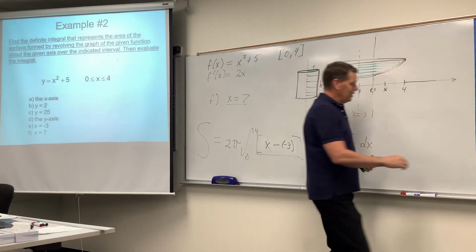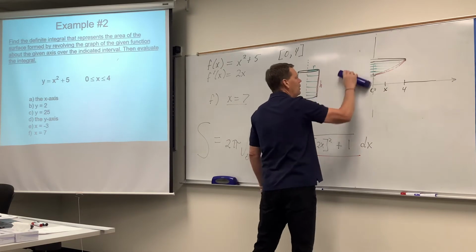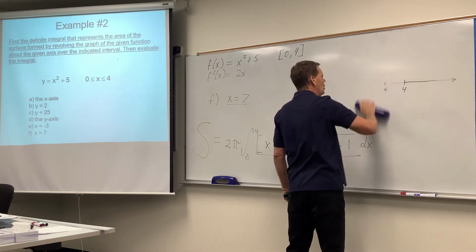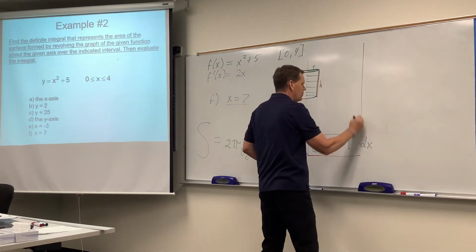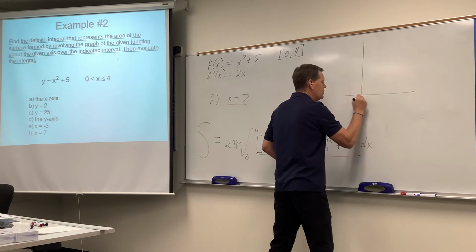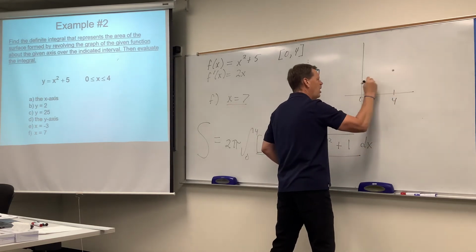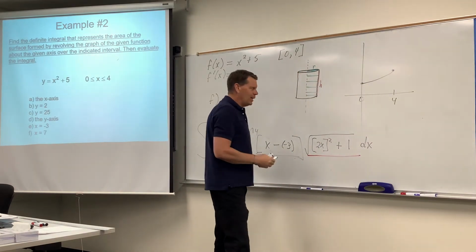I'm going to redraw this because this gets a little bit messy if I'm not careful. So we go back to our original curve and our original interval from 0 to 4. 0 to 4 ordered pairs. Really, the plotting of the f of 0 and the f of 4 doesn't end up really mattering.